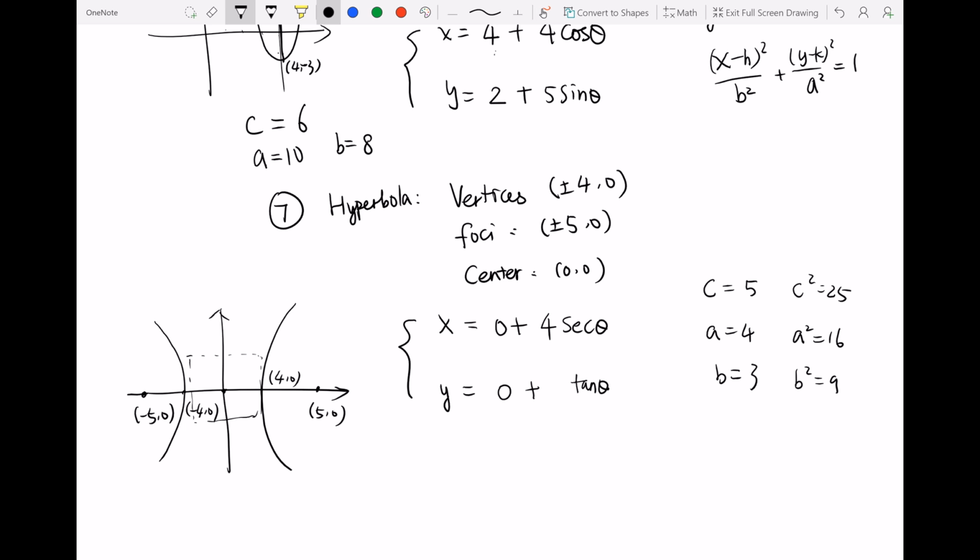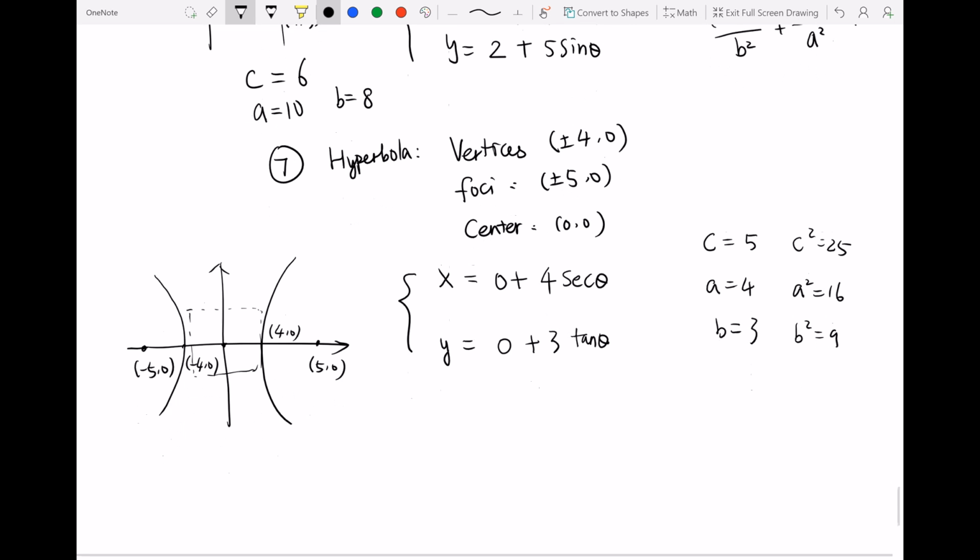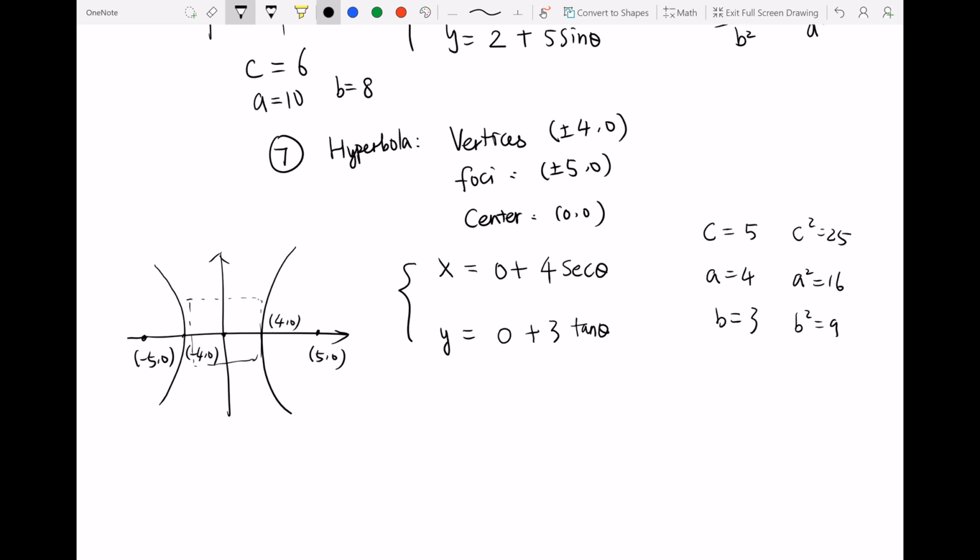Make sense? And so it's going to be 3 tan theta. Okay, so this is a hyperbola. You have the center, you have a secant theta, 0 plus b tan theta. Once you know a and b, it's much easier. Once you know the a, you can write it out. Once you know the b, you can write the y direction.